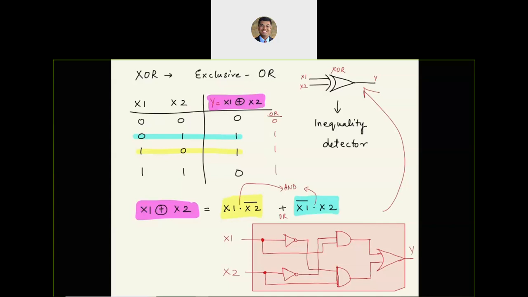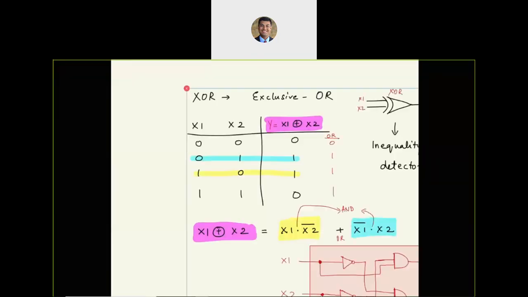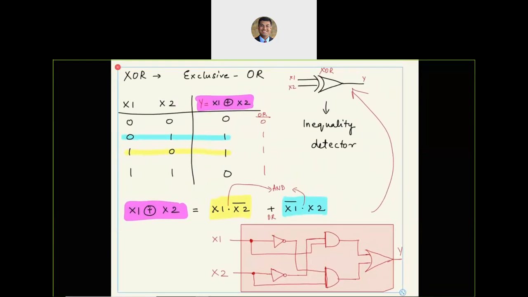Okay. If there are no questions, I'm going to move on to one additional gate. So what I'll do is I will try to copy all of this, and let's take a look at another gate.